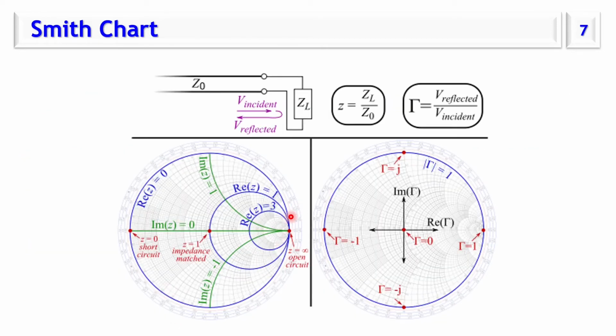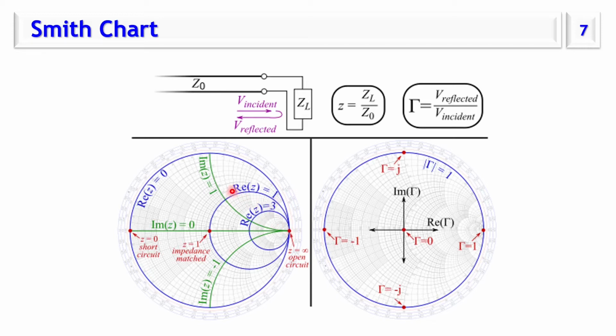So all the resistance circles have their centers on the horizontal axis, and all of them pass through this point. All of this comes from the expression.